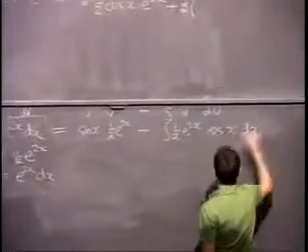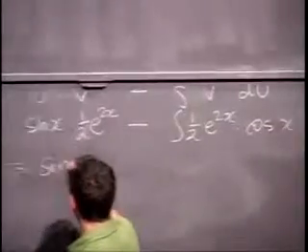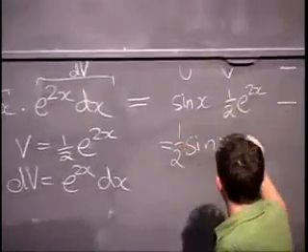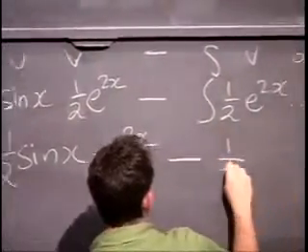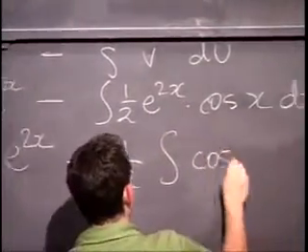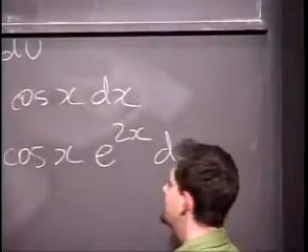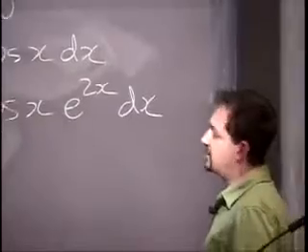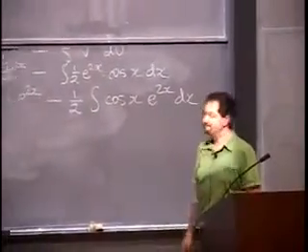Just plugging in, really. See what we get: 1/2 sine x e to the 2x minus 1/2 integral cosine x e to the 2x dx. Now again, we shouldn't be surprised that what we got looks very similar to the original.